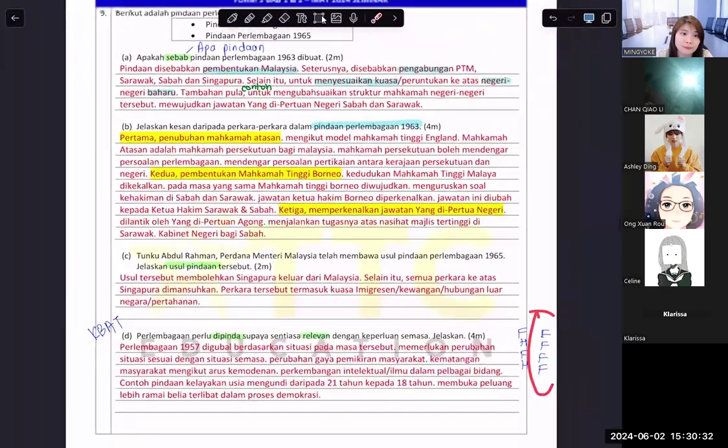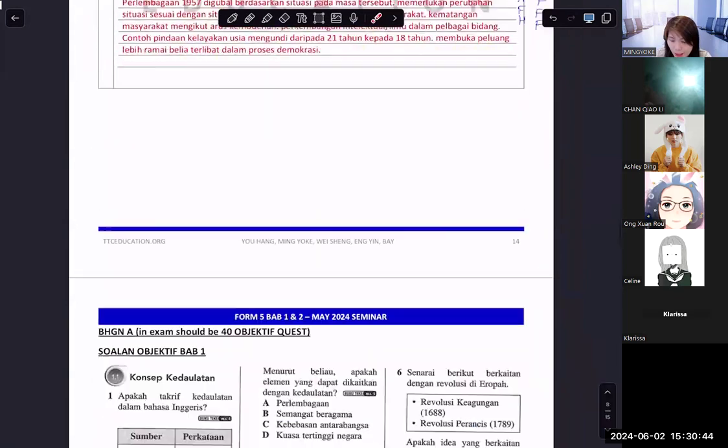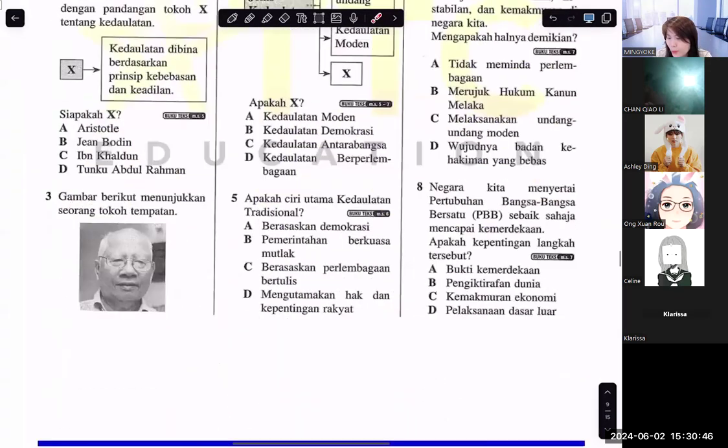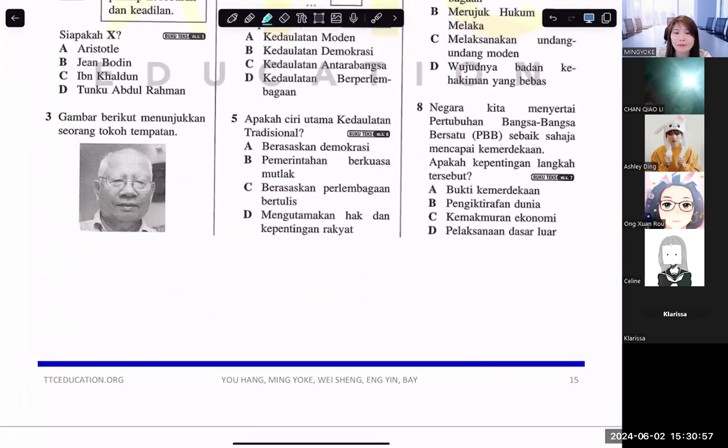Cannot. Okay, now, the last one is objective. When you do the question, you must always remember to catch the keyword. For example, when you do your soalan, we do the question number 8. Everybody turn to page 15, number 8.